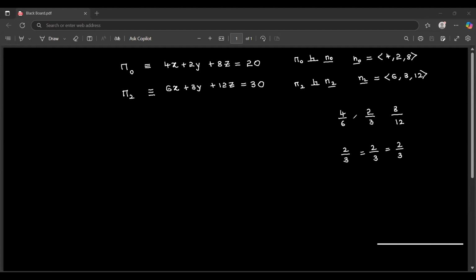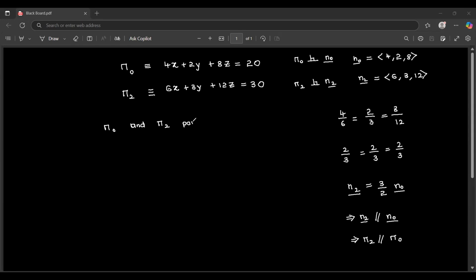So they are equal to each other, which implies n2 is 1.5 times n naught. So n2 is parallel to n naught, which implies pi 2 is parallel to pi naught. So we know pi naught and pi 2 are parallel.